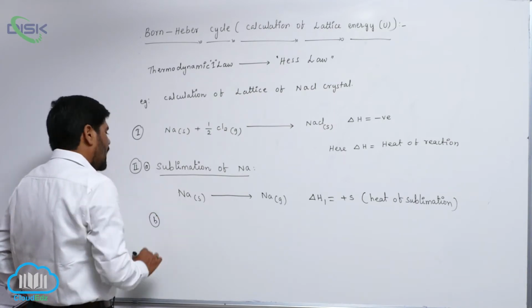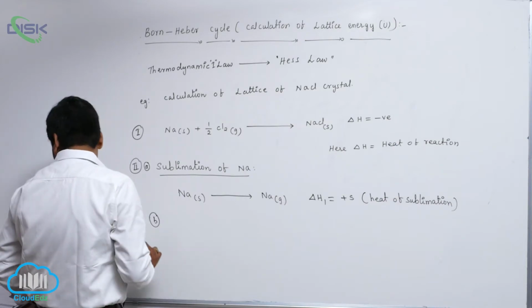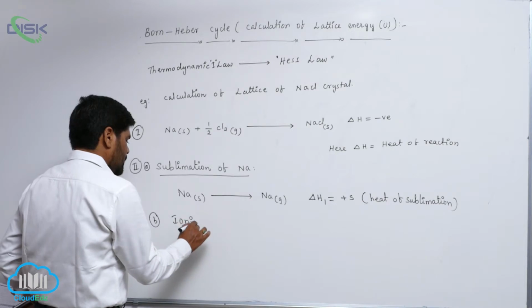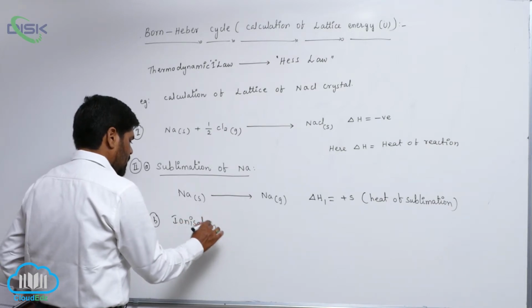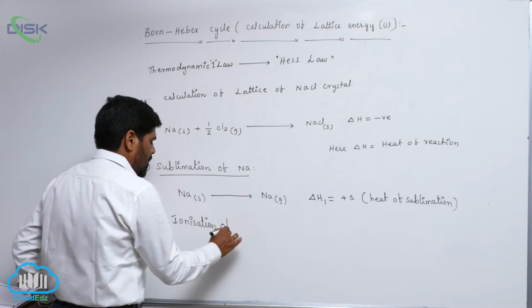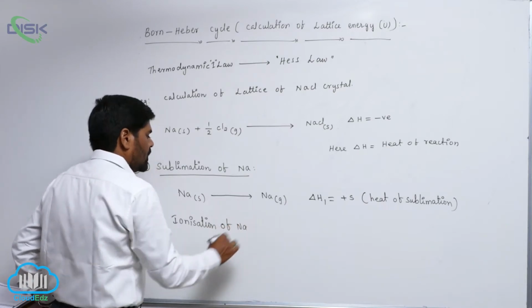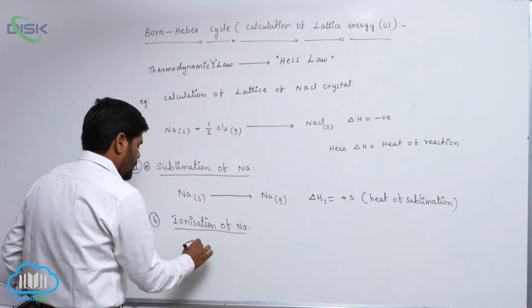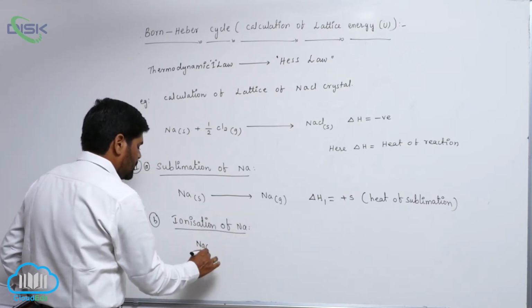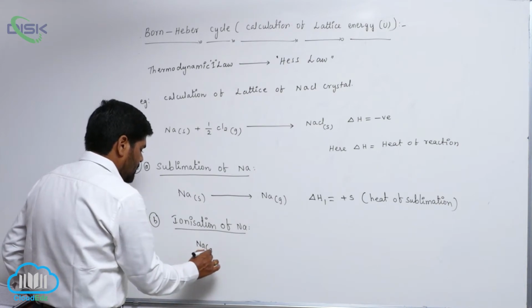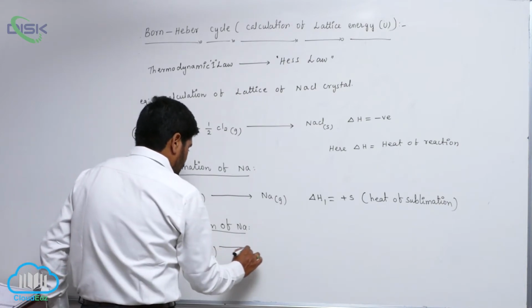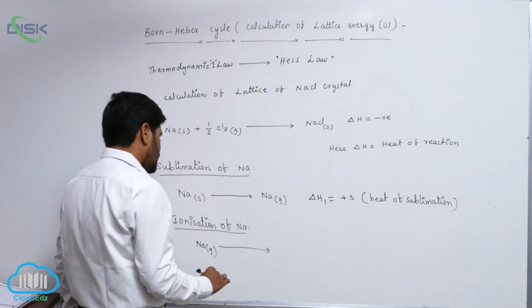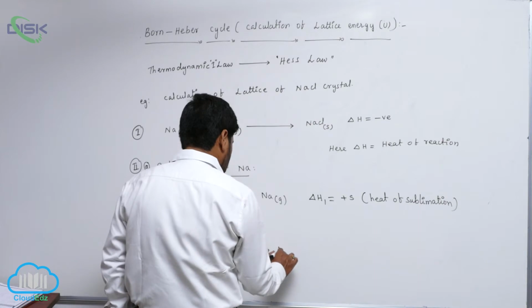Second step, B, ionization of sodium. Now after the formation of gas, while supplying some amount of energy towards the gaseous atom, it liberates which one?